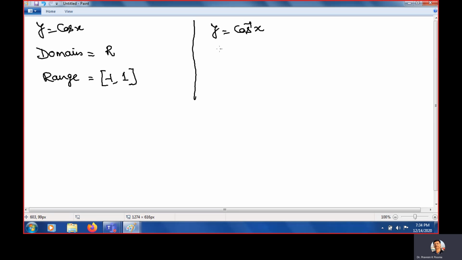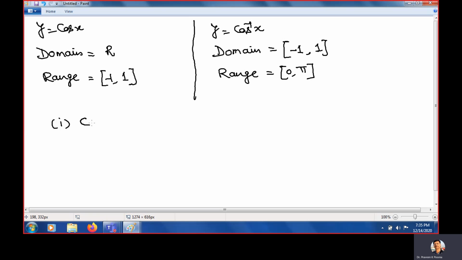This you need to remember for everything. And the domain of cos inverse x is the same as the range there, minus 1 to 1, while the range is changed. Range is not R, it is 0 to pi. This you need to remember. So a little bit of change is there.